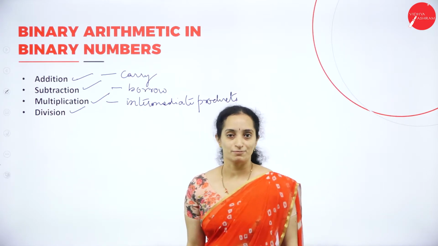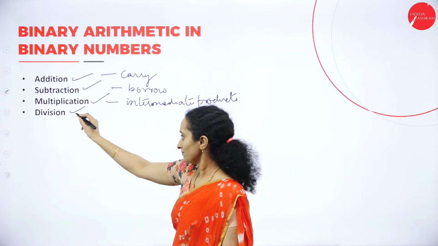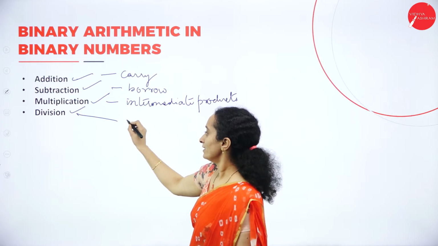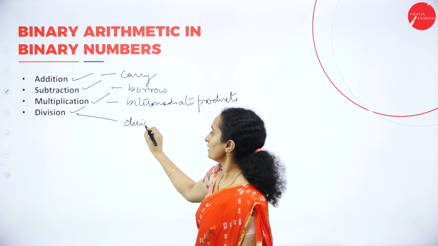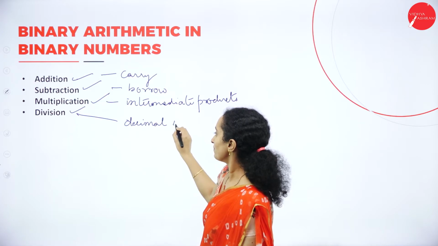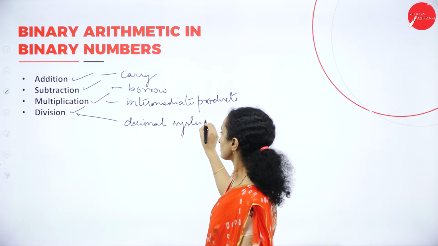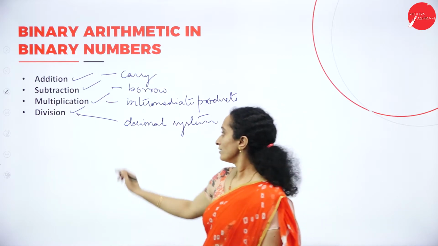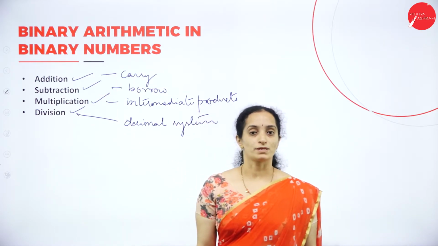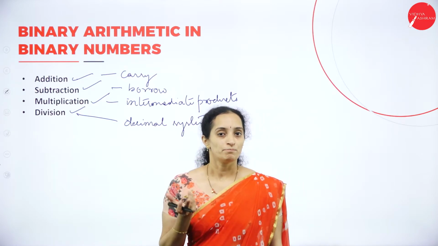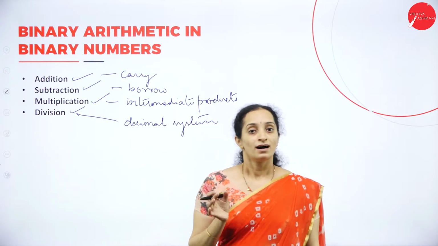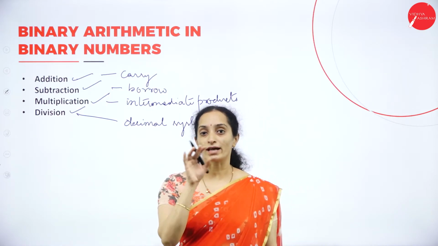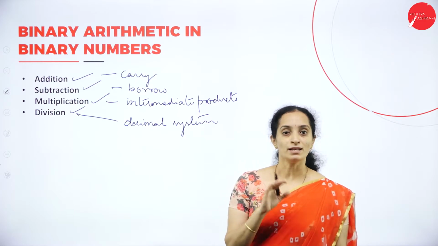And division is as usual in decimal system. So you have 4 types of arithmetic operations that can be carried out on binary numbers. This is how computers are going to process your arithmetic operations.